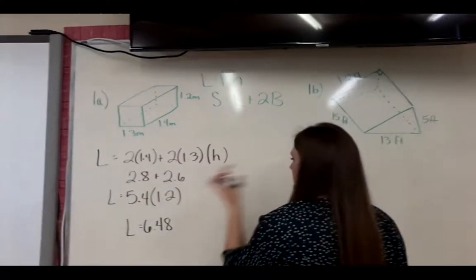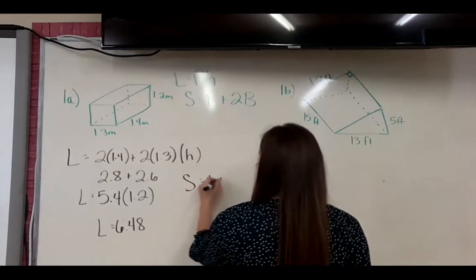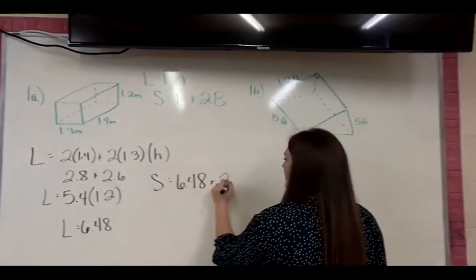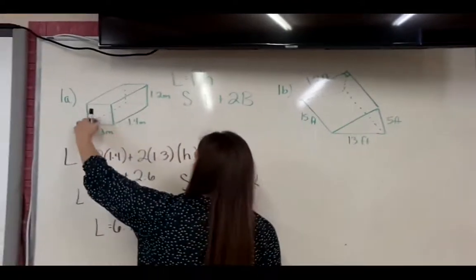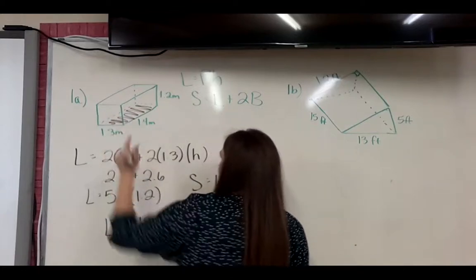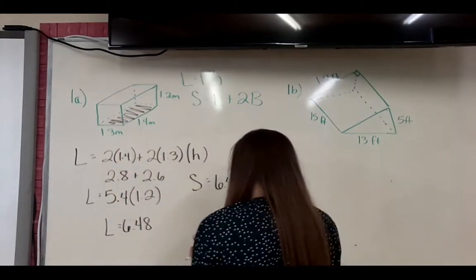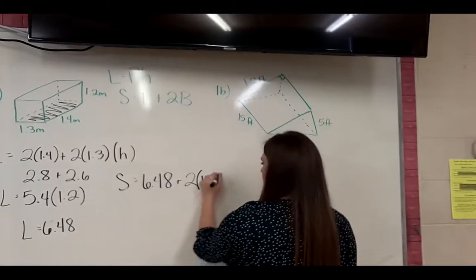So then to find the surface area, I have that answer plus 2 times big B. Big B means area of the base. I did this rectangle on bottom, this one, as my base. So I would do 1.3 times 1.4 to get big B. So 2 times 1.82.